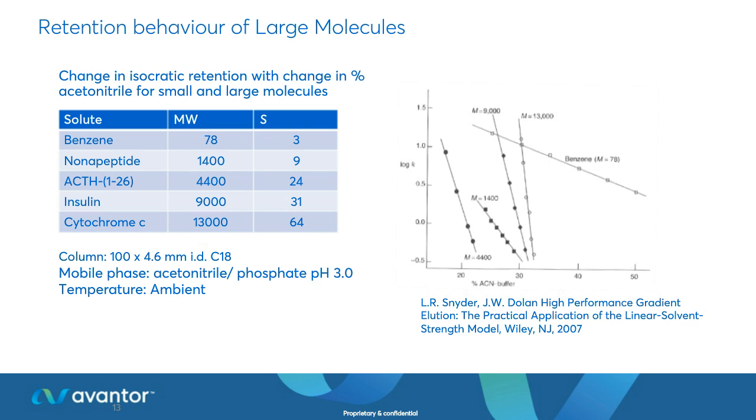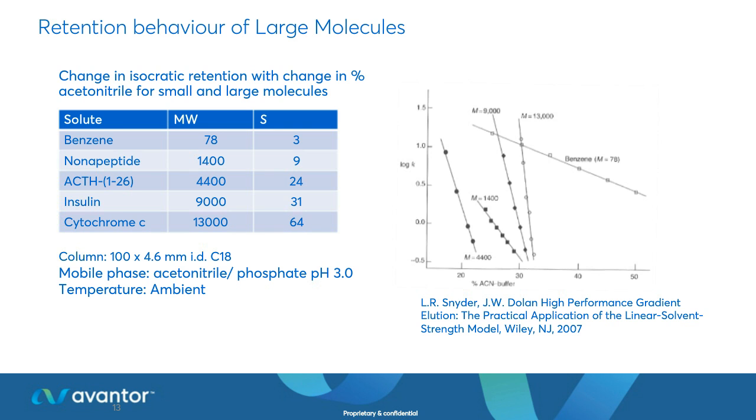When you look at a protein, so one of these much larger molecular weight compounds like cytochrome C, you get a much steeper slope. It's very much a small change in acetonitrile leads to a very dramatic change in the retention time.